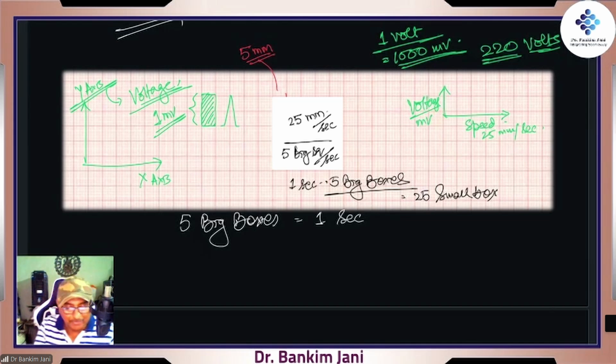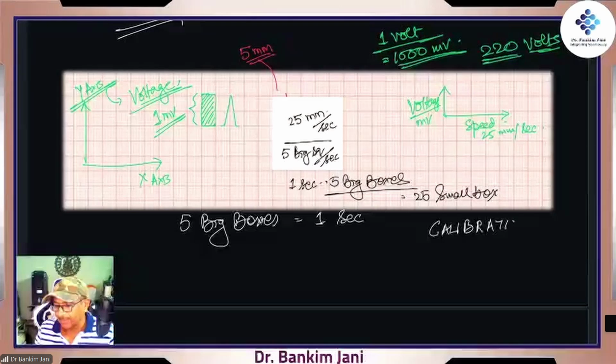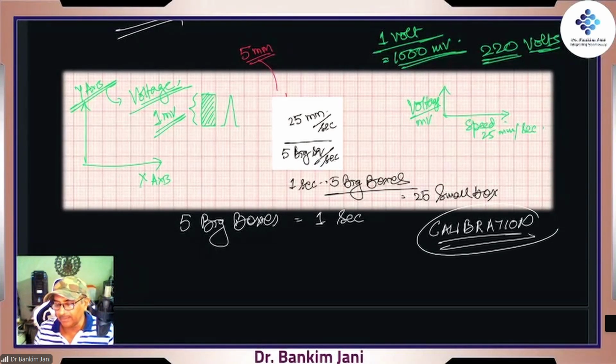This is what is called calibration. Calibration means that when the technician is taking the ECG, he has to calibrate it in such a way that the needle deflects exactly 2 squares when 1 millivolt is coming out.